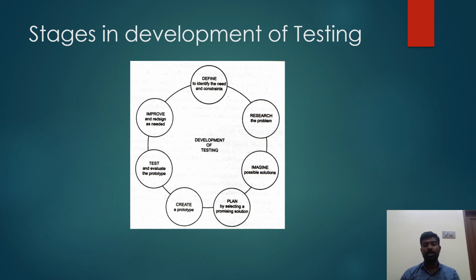What happened to the particular product and how it happened, all these things can be done through a brainstorming session, and the possible solutions for that problem can be identified through the research work. Then based on the optimal solution, we could go for a compromising solution.